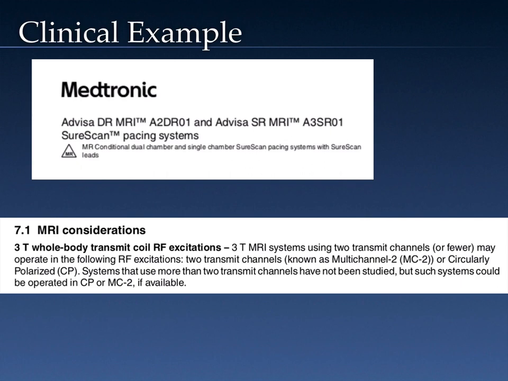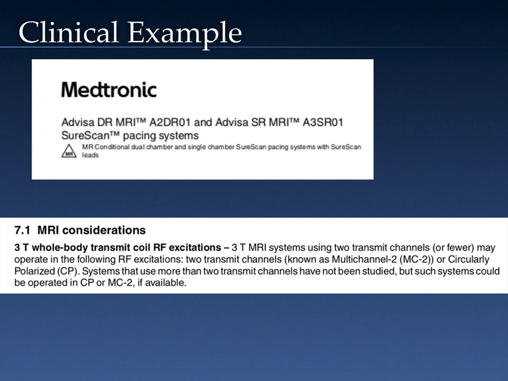Systems that use more than 2 transmit channels have not been studied, but such systems should be operated in the circularly polarized or multi-channel 2 mode if available. So there again may be other devices that state you can't use multi-channel or multi-transmit.